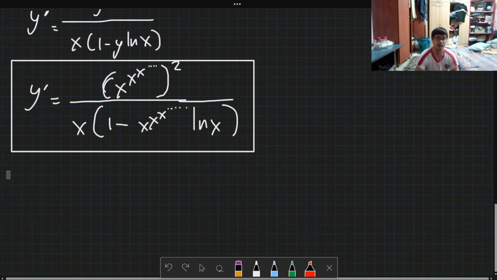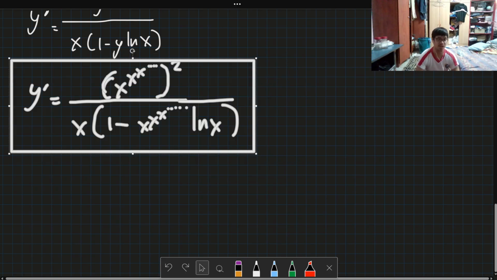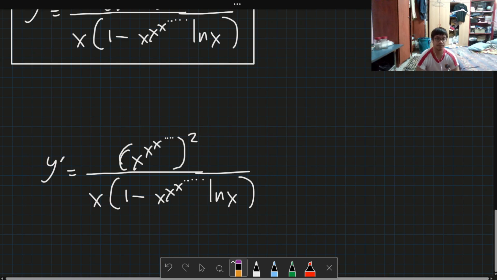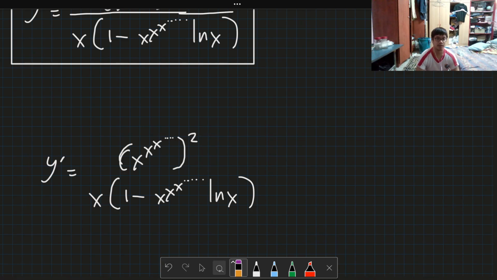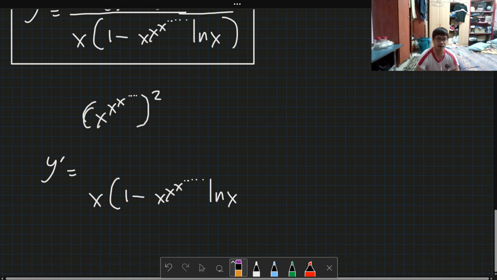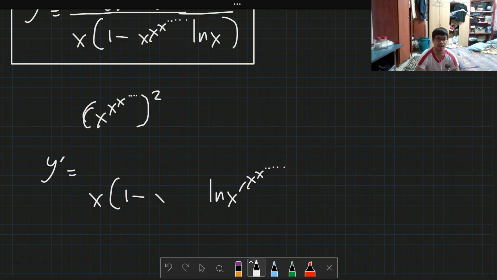So let me just copy this one, and let me just adjust the denominator. So let me fix that. Here, we can bring up this one. It's an exponent for your x here. And remove this one.